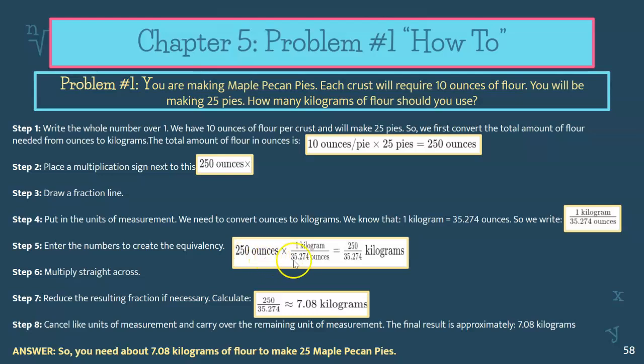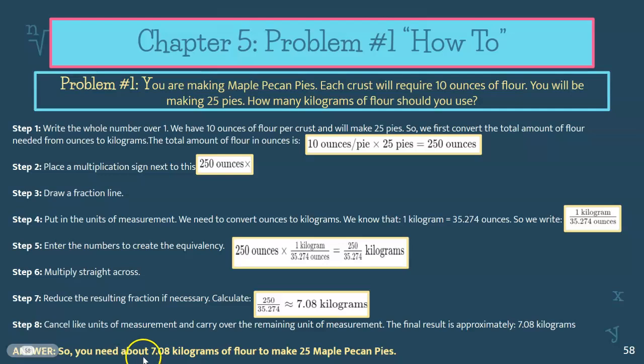I didn't draw the 1 because we're not multiplying the bottom here, because it's 2 parts. So you're going to do 250 divided by 35.274 kilograms. So you do that division. You can see we reduced it to 7.08 kilograms.